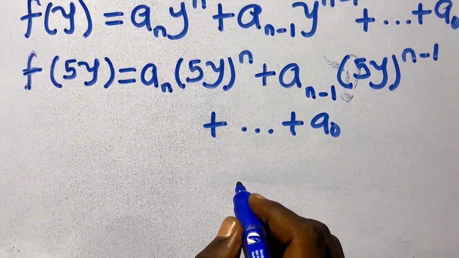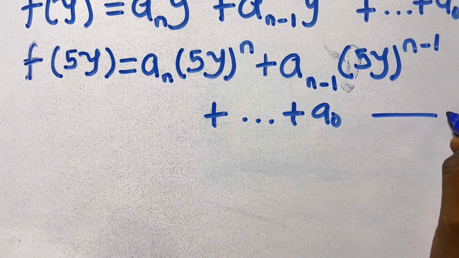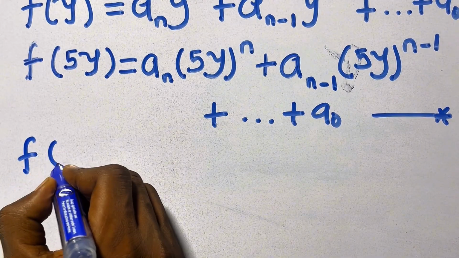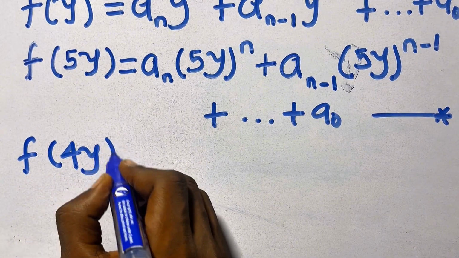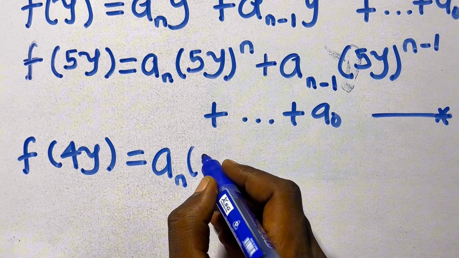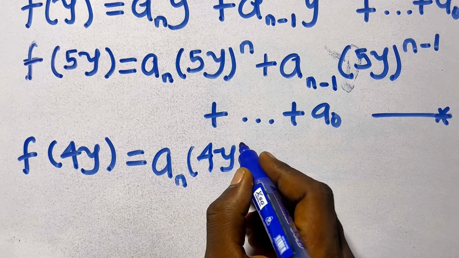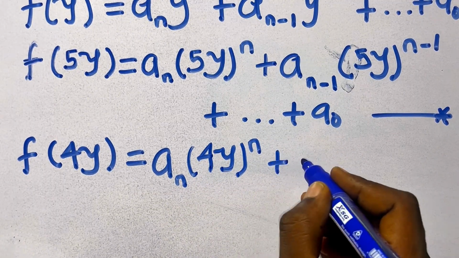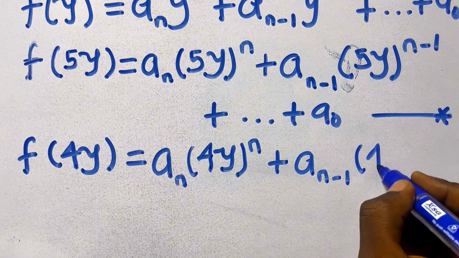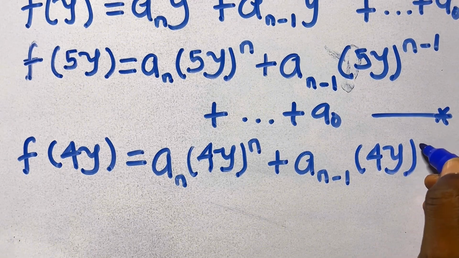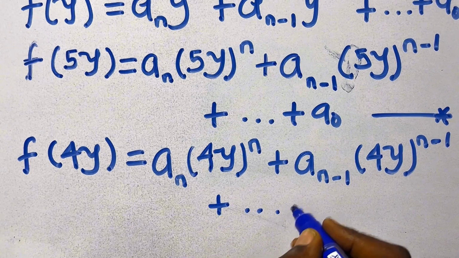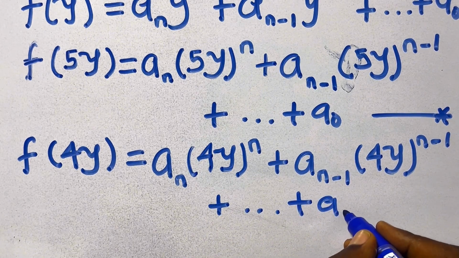Let's take this to be the expression for f of 5y. For f of 4y, we are going to have a subscript n, 4y raised to power n, plus a subscript n minus 1, 4y raised to power n minus 1. Then this continues until we have a naught.